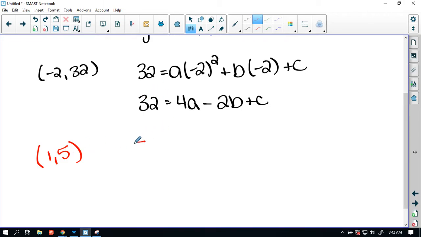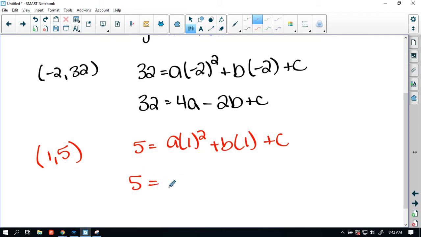All right, so this is going to be 5 equals a times 1 squared plus b times 1 plus c. I'm just substituting the x and y. So now I have 5 equals a plus b plus c.